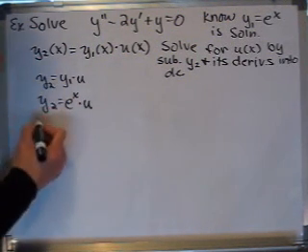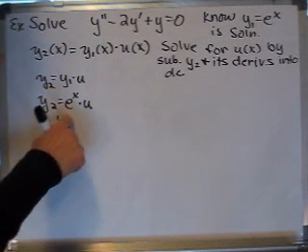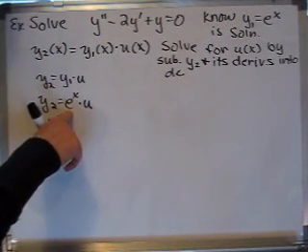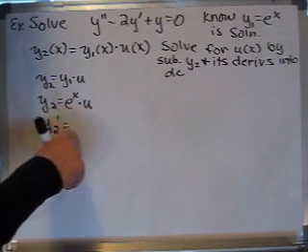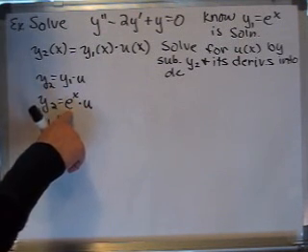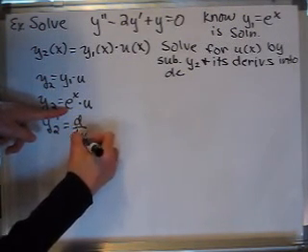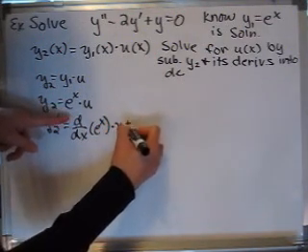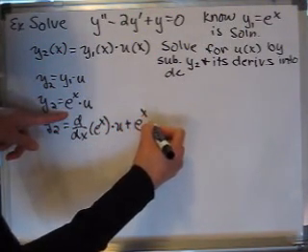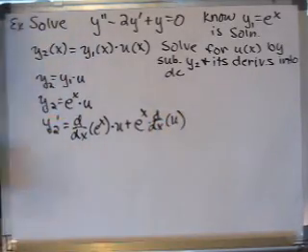So the derivatives, y2 prime. I have to use a product rule because e to the x is a function of x, and u is also an unknown function of x. So the product rule gives the derivative with respect to x of e to the x times u, plus the first function, e to the x, times the derivative with respect to x of the second function.